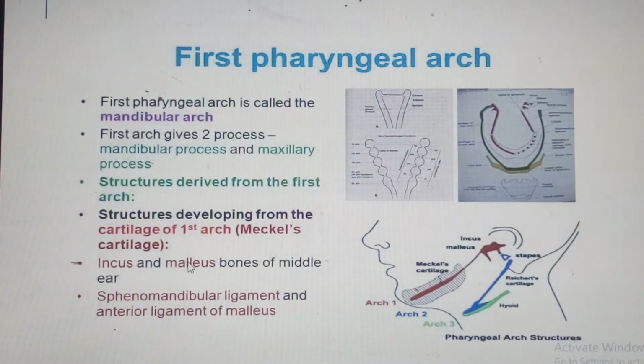So if you look at the ossicles of the ear, two of them will be coming from the first pharyngeal arch through endochondral ossification of the Meckel's cartilage. So these are the main things I want you to know. But of course, you can also know the sphenomandibular ligament, as well as the anterior ligament of the malleus. They are still related to the malleus. So please get to know that.